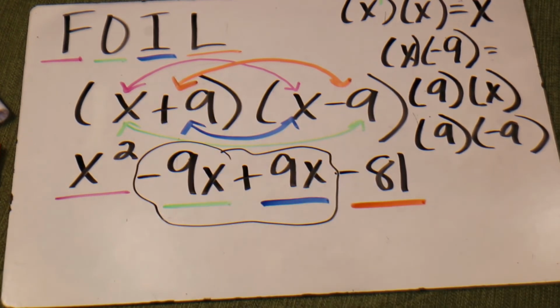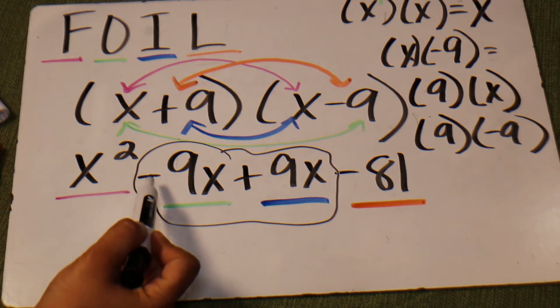So these two terms are like terms. Here is where we combine like terms. We have to go way back to our original combining of integers. When the integers are different, we subtract. When the integers are the same, we add.